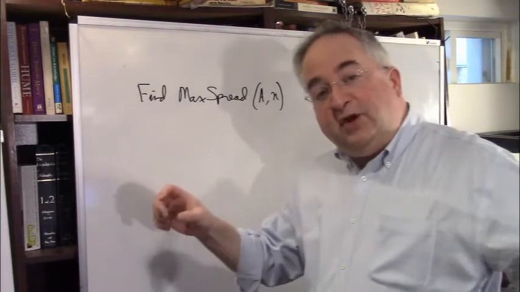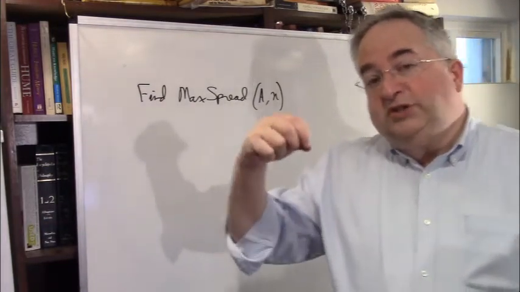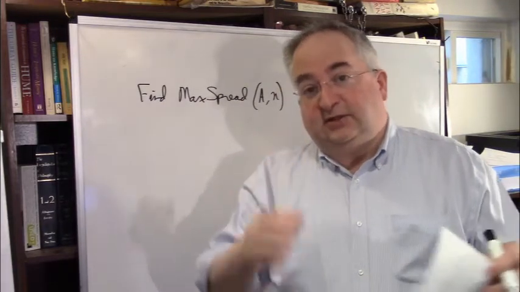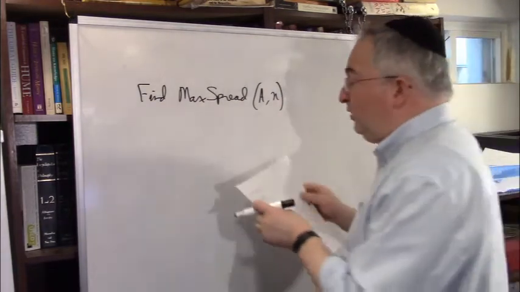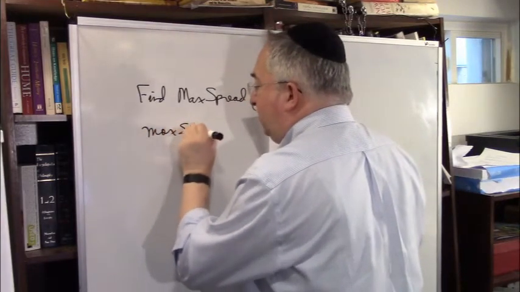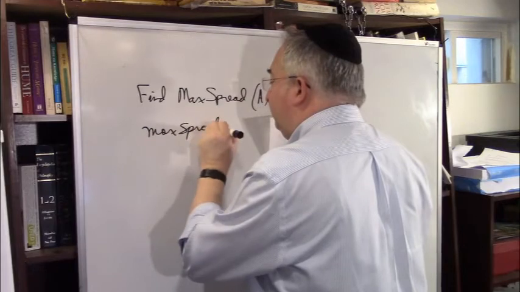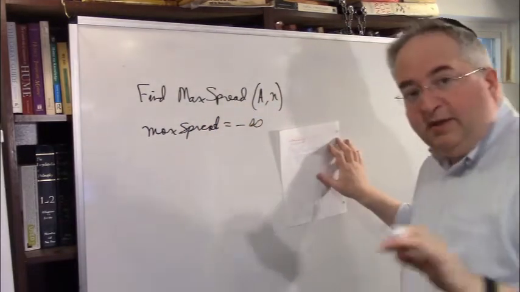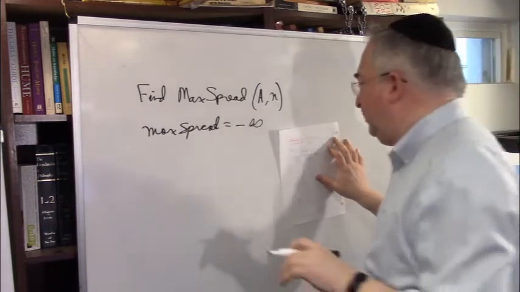You're given an array of numbers, and you want to find the best place to buy a certain thing and sell it afterwards. So we do it as follows. Max spread equals negative infinity. That means it's going to pick up the first possibility.